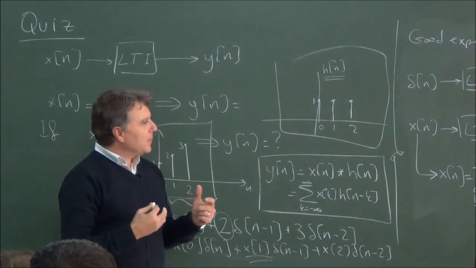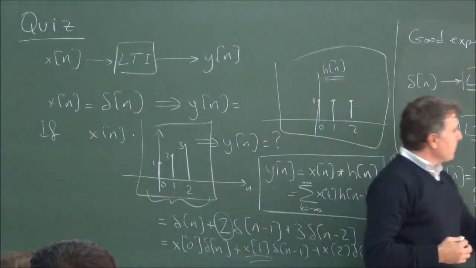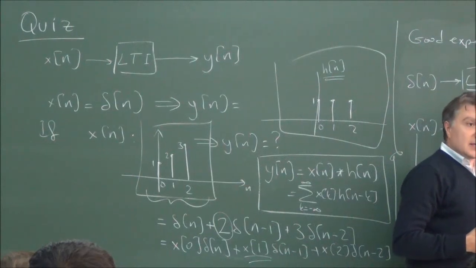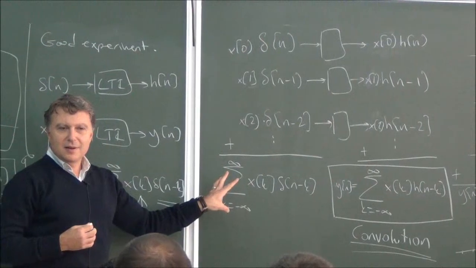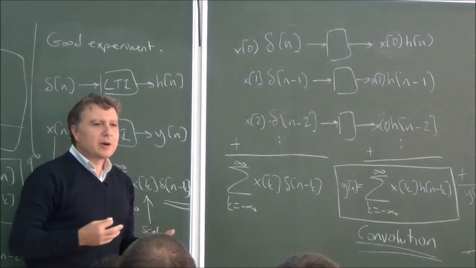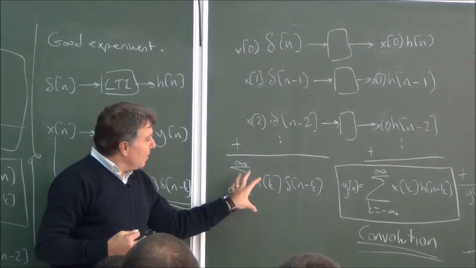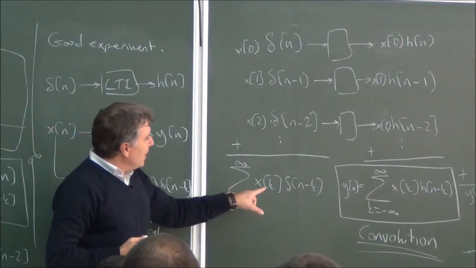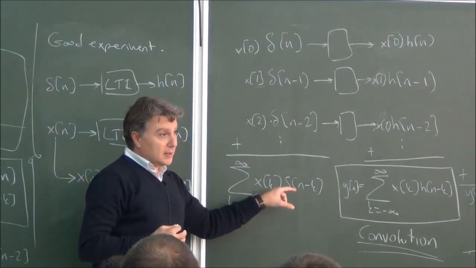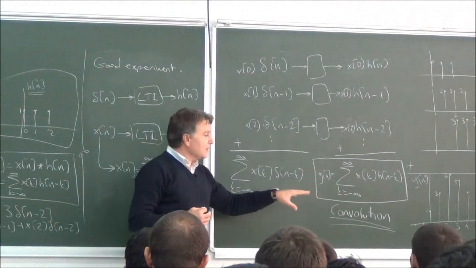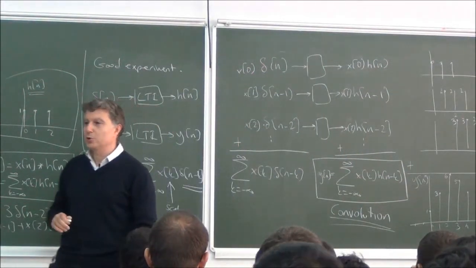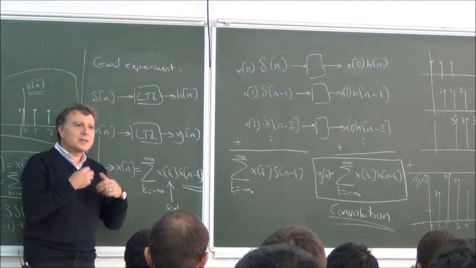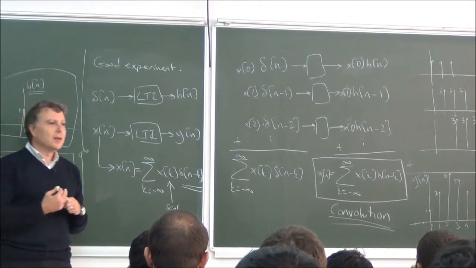But every time, I first think of the representation of x in terms of impulses. This is easier for me to remember. I don't have to memorize anything for this. From here, I replace these deltas, impulses, with the impulse responses, and automatically what I obtain will be the convolution sum. That's how I always remember convolution.